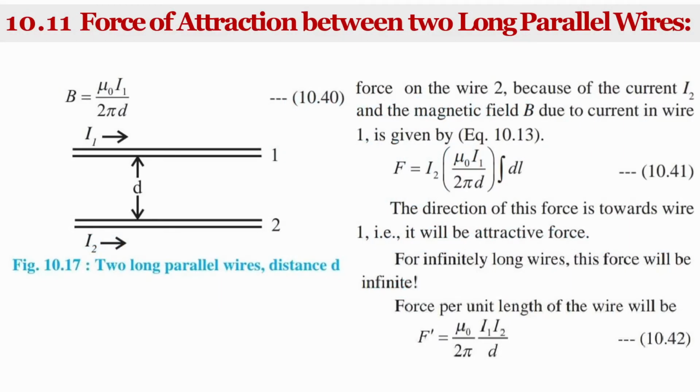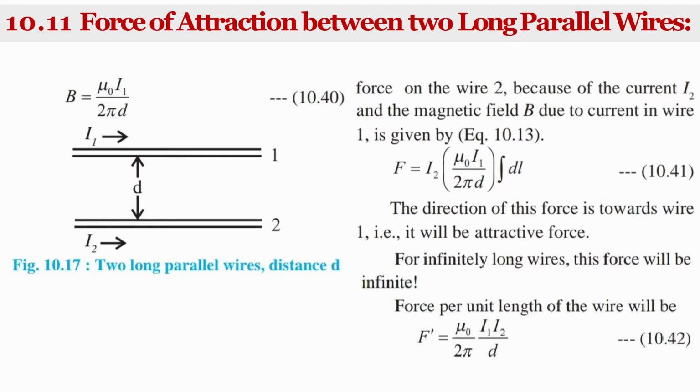You know that in the last lecture we discussed the Biot-Savart law, and in that case we derived the formula for the magnetic field produced due to the current flowing through a small element dl, and the formula for the magnetic field is dB equal to mu naught upon 4 pi I dl sin theta upon r square.